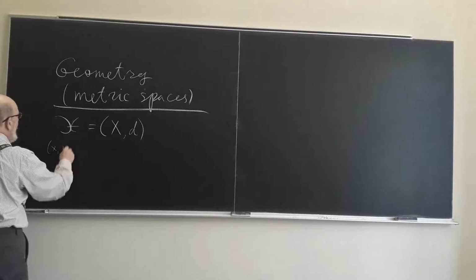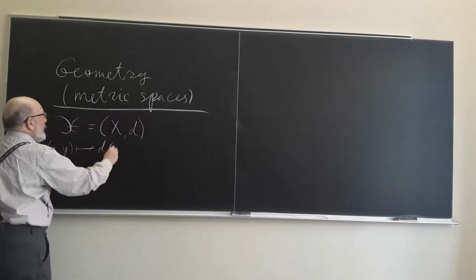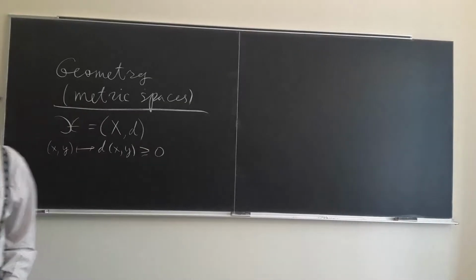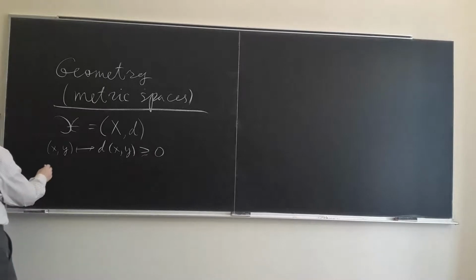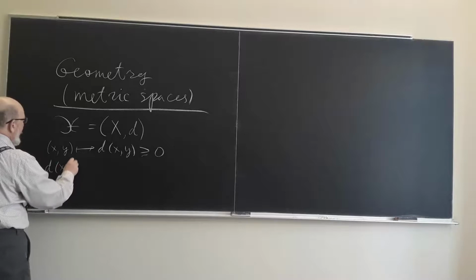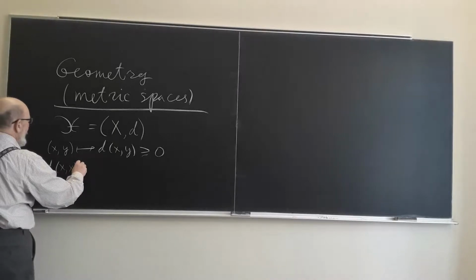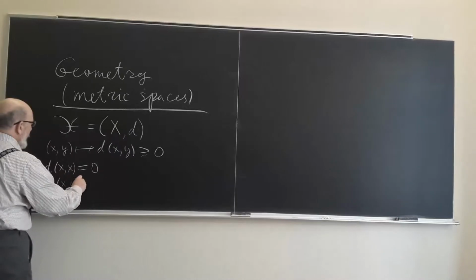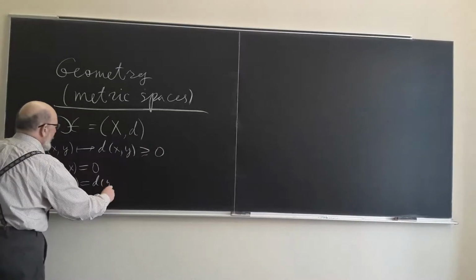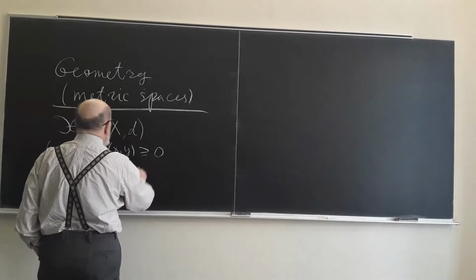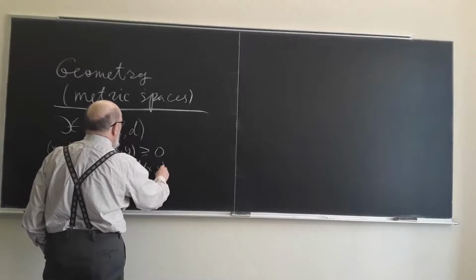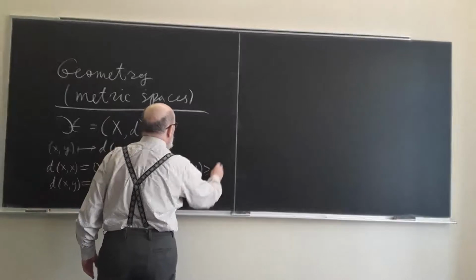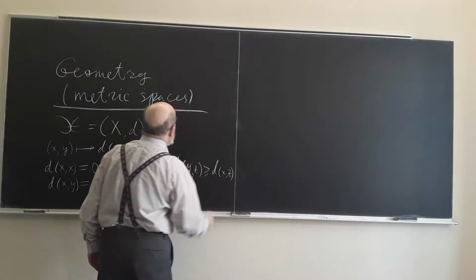So for x, y, you have d of x, y more or equal than 0, and the general property that d of x, x equals 0, d(x,y) equals d(y,x), and the triangle inequality: d(x,y) plus d(y,z) more or equal d from x to z.